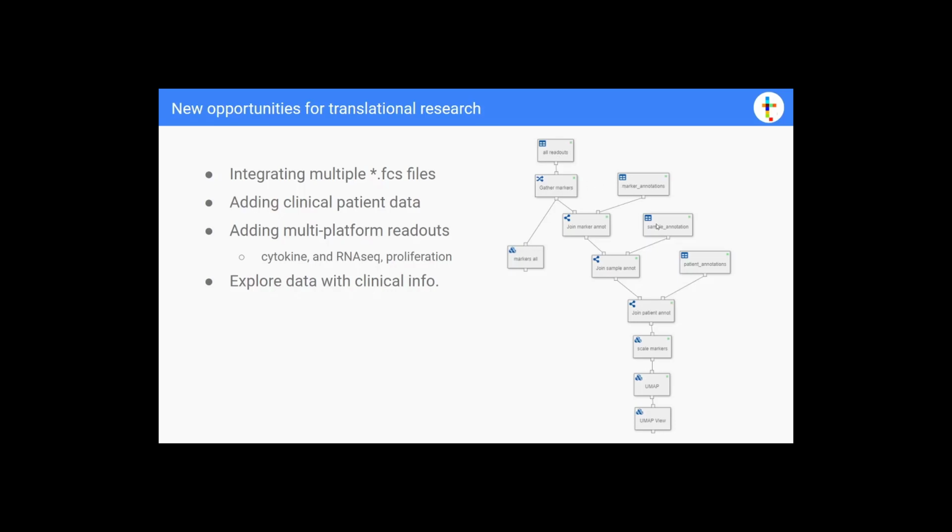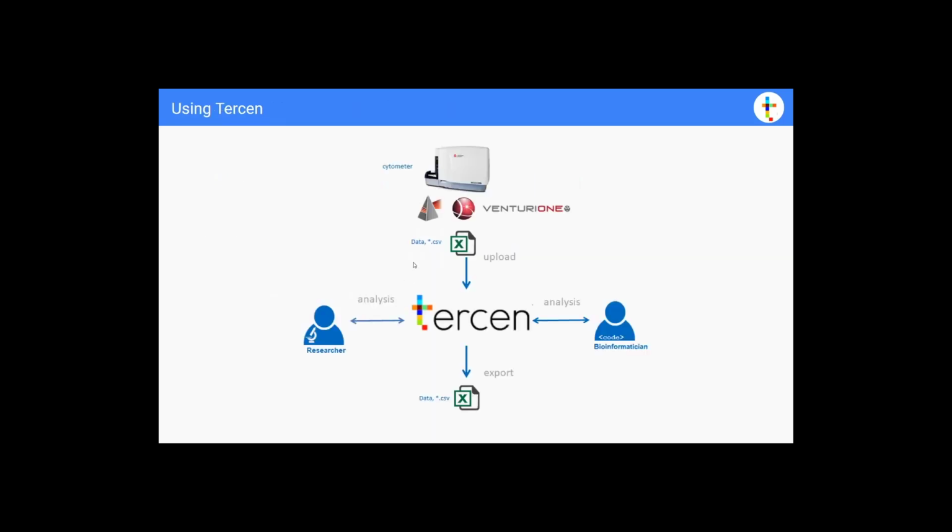And then you add these different annotations: the marker annotations, to specify what markers you were using, a sample annotation where you specify extra sample information, and then the patient annotation where the clinical information about the patient is added. You can join them all together and you can perform a UMAP on all this data together. So integrating data sets is straightforward in Tercen.